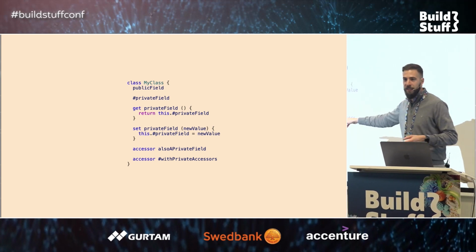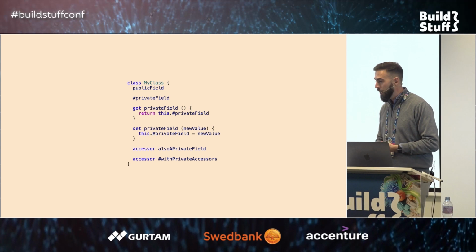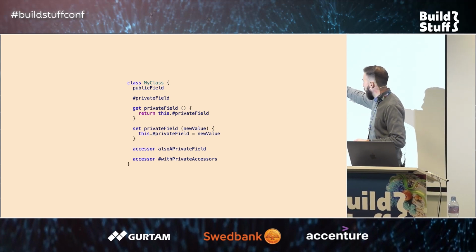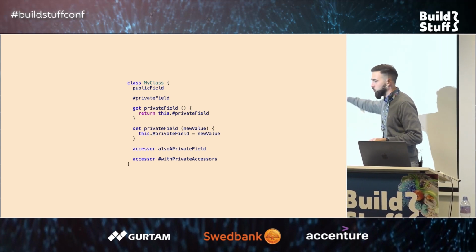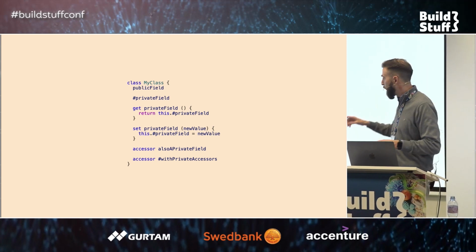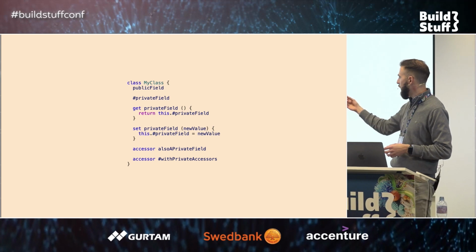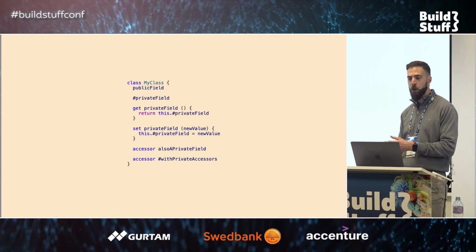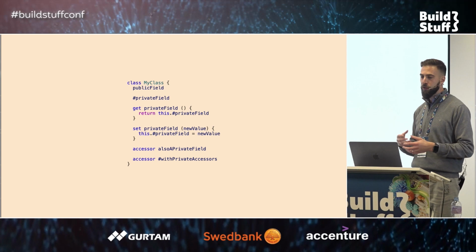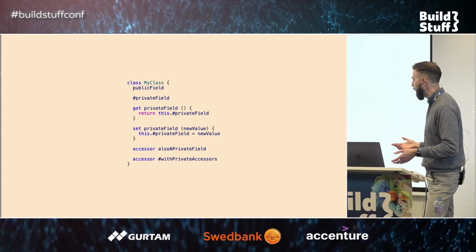What the accessor does is it basically does all of those three things at once. So if we add the accessor to the private field, then it will create the private field for us, and it will automatically generate a getter and setter pair for this field.